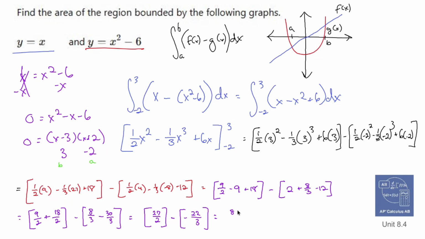So we get 81 over 6 plus 44 over 6, which ends up being 125 over 6. Does that simplify? No. So that's our answer.